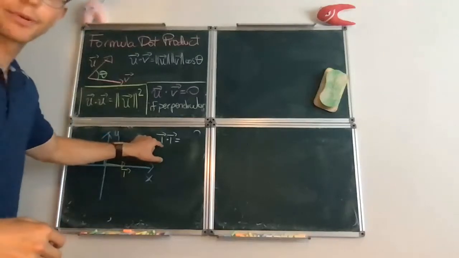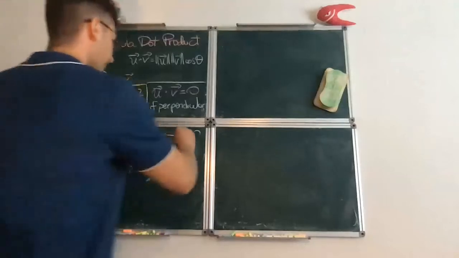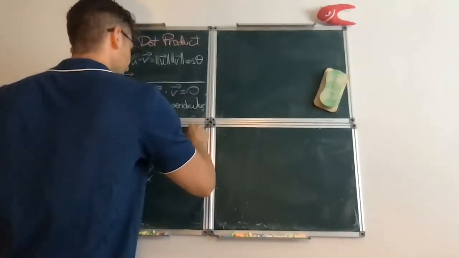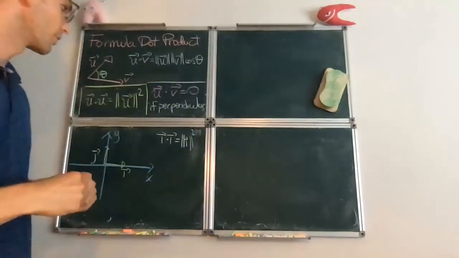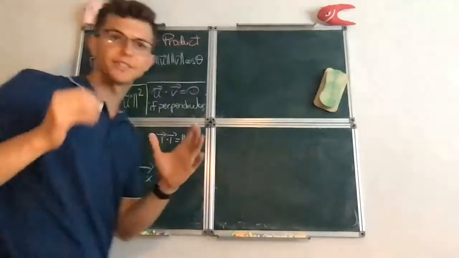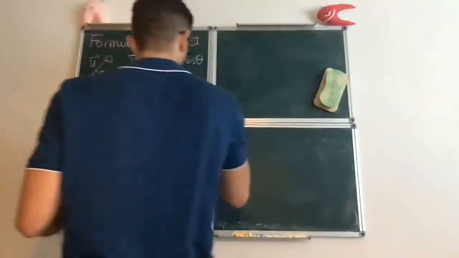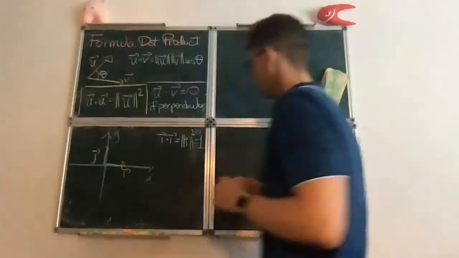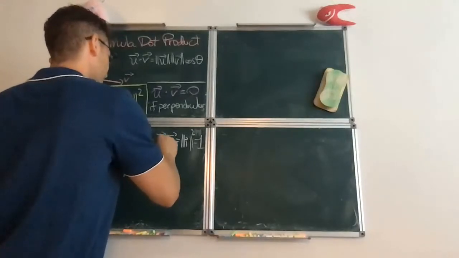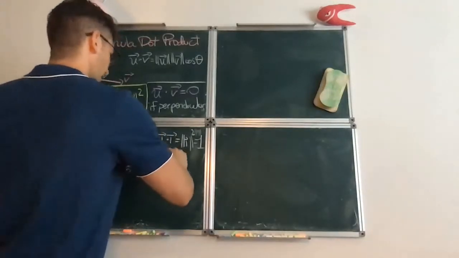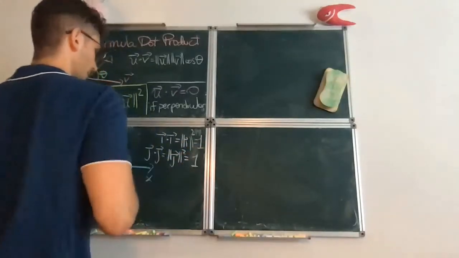Well, this is the dot product of a vector with itself. If you use this formula, it's the norm of i squared, or the magnitude squared. But this is a unit vector, so by definition its size is 1. So 1 squared is still 1. So the dot product of i with itself is 1. By the same logic, the dot product of j with itself is the magnitude of j squared, and that's still 1.